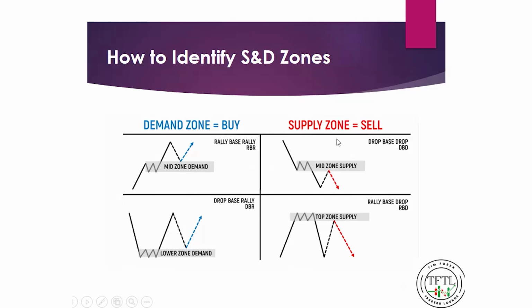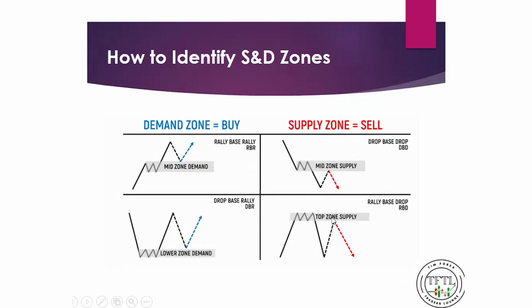Then we have the supply zone, where we look for sales. The first setup is the top zone for supply, where the price rallies. Then we see the base or consolidation, and then we see the drop. So we mark the bearish engulfing or a few candlesticks at the base here.